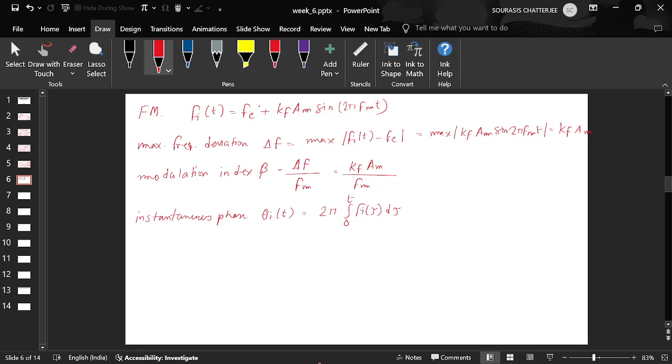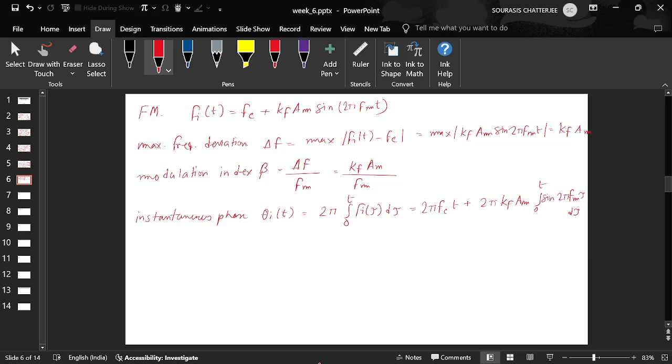There are two parts. The first part is a constant term, so here you will have 2 pi fc t. The second term you have 2 pi kf Am integral 0 to t of sine 2 pi fm tau d tau, and that would lead to the following phase.